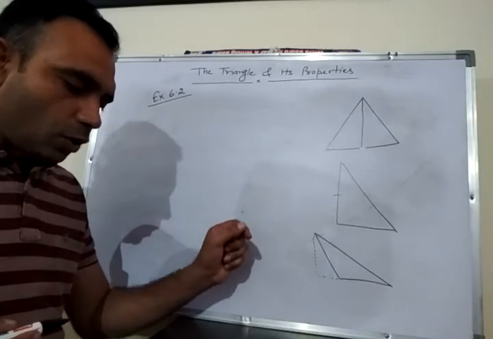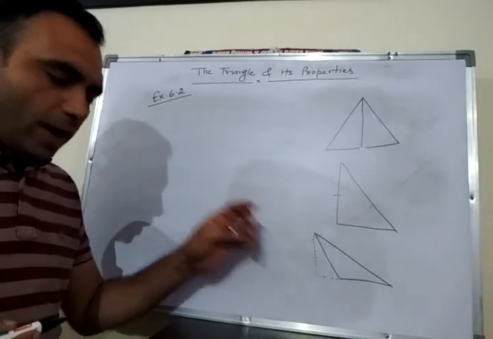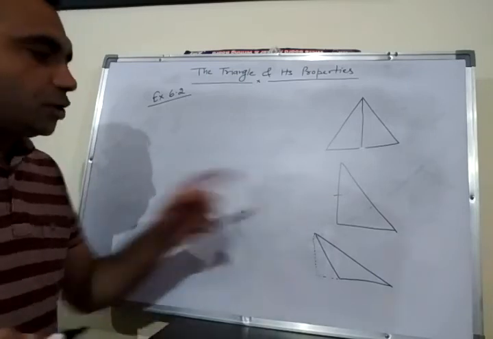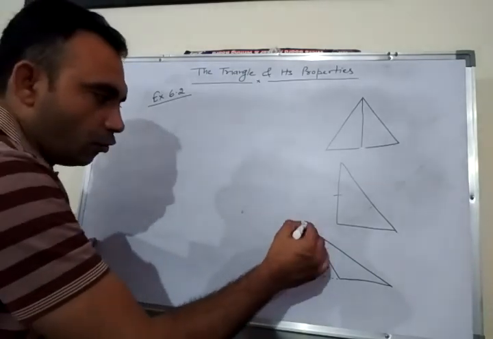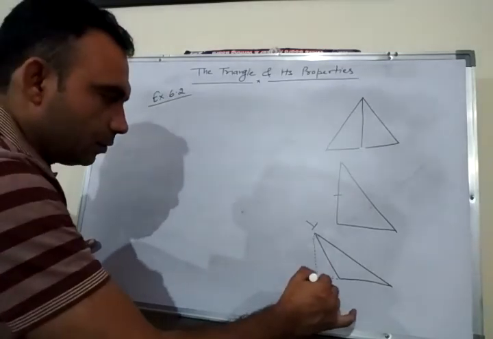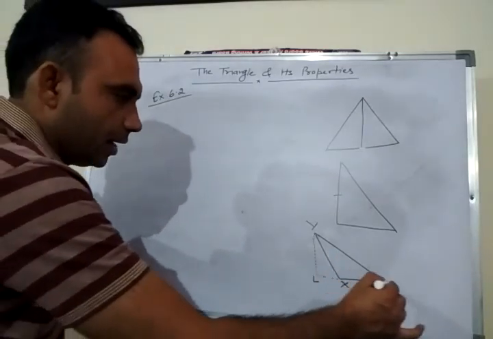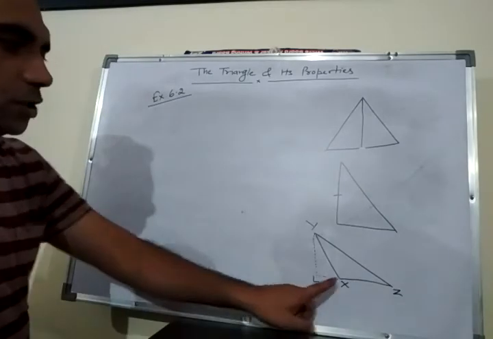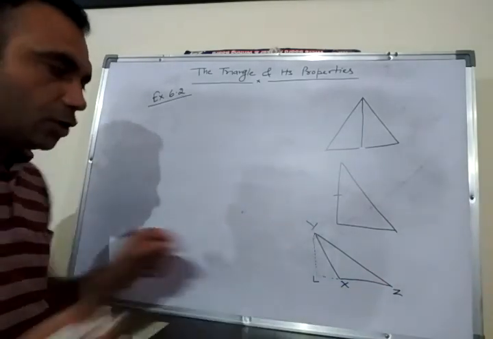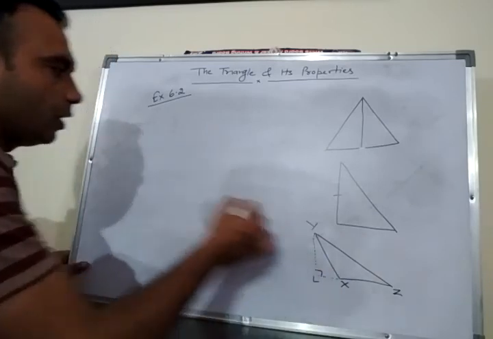So we have to draw triangle XYZ. YL is an altitude outside the triangle, in the exterior of the triangle, so we take Y here. It is L, and it is X and it is Z. So this is triangle XYZ in which YL is the altitude in the exterior of the triangle.